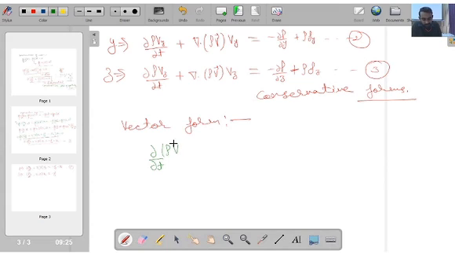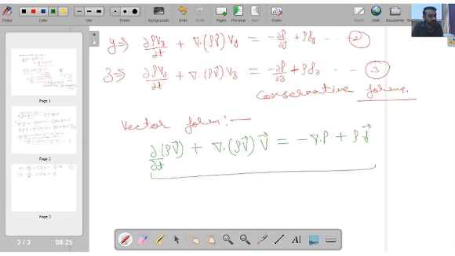The individual components were vx, vy, vz, so in vector form it will be the velocity v vector, plus divergence of rho v vector, and here also the individual components will become v vector. And then this will become gradient of p, because all the pressures in x, y, z have to come into a single term, so it will become gradient of p plus rho times f vector. So fx, fy, fz were the components.